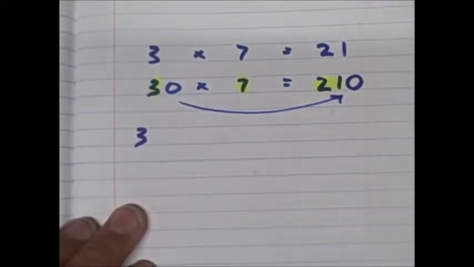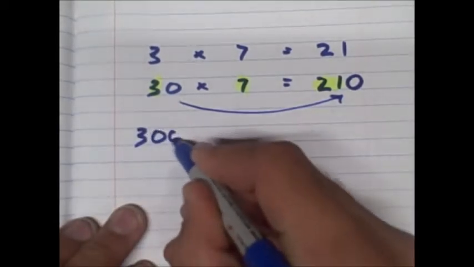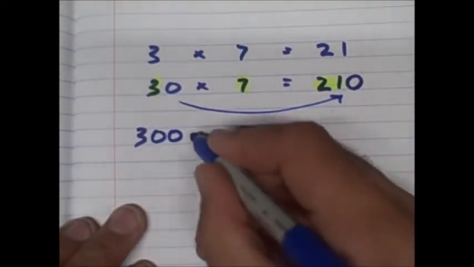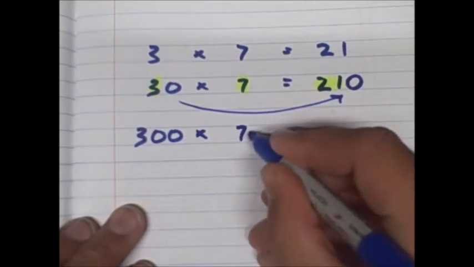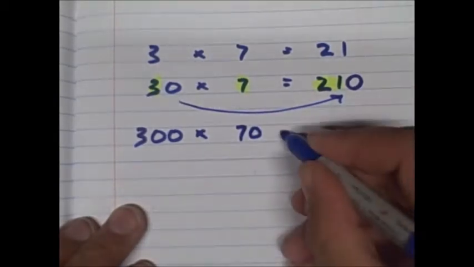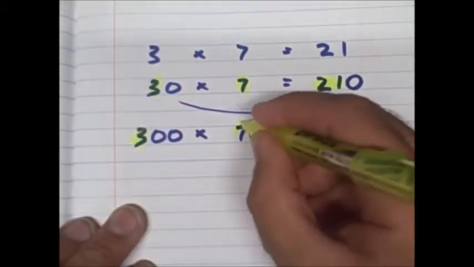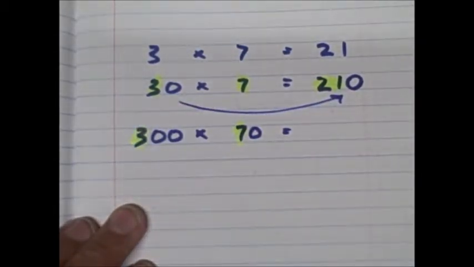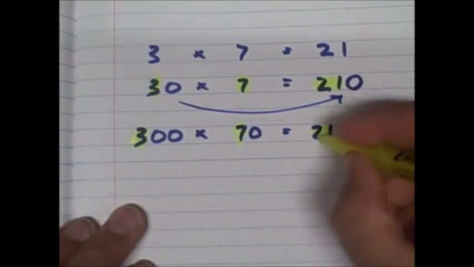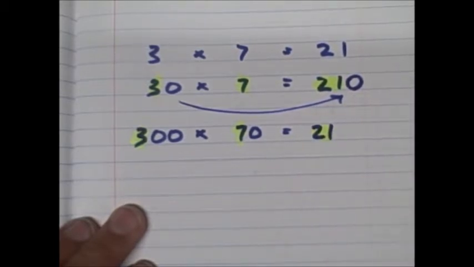Now, if we increase this to 300 times 70 equals, it's going to work the same way. We're going to highlight any digit that is not a 0, and that will give us our basic fact. Again, still 3 times 7 equals 21.